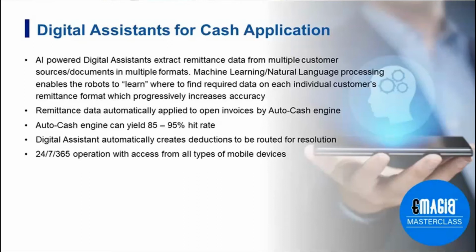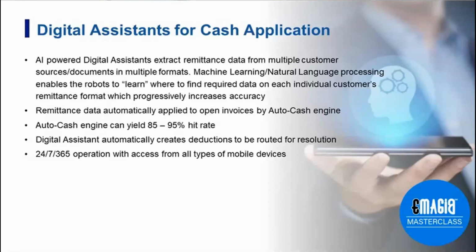We've seen hit rates in the 85 and as high as 95% hit rate. Another big advantage is the digital assistant will create the deductions to be routed to resolution. And again, it can operate round the clock to interface with banks and other sources to get the remittance information.